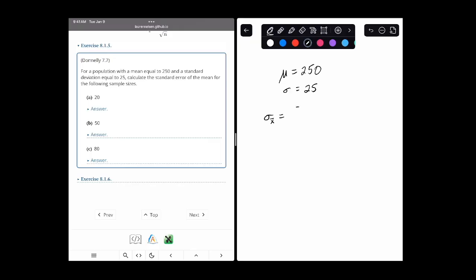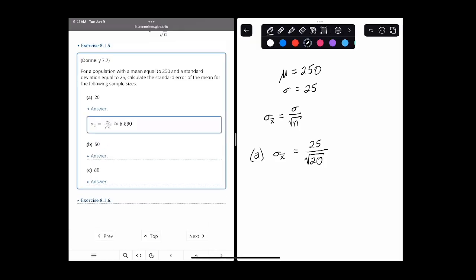So that should be our original standard deviation divided by the square root of n. In part A, if n is 20, then our standard error is going to be 25, our standard deviation, divided by the square root of 20. And if we plug that into Excel, we should get about 5.59.